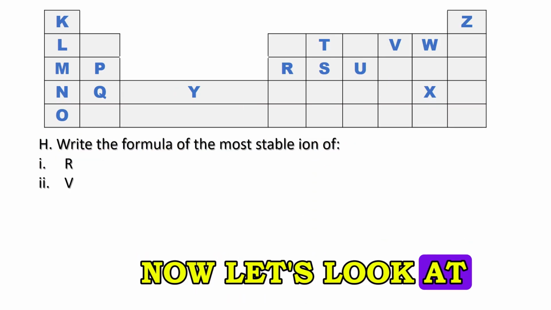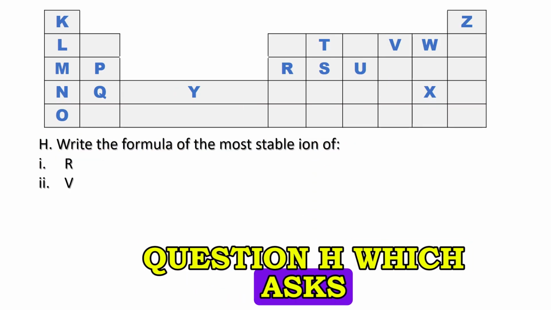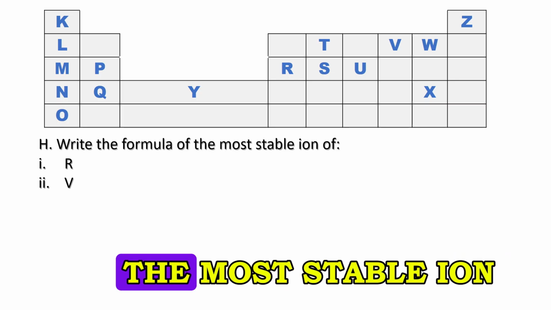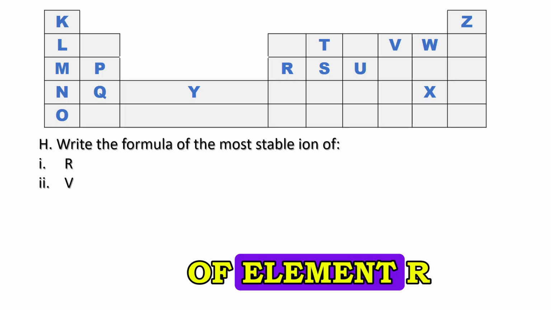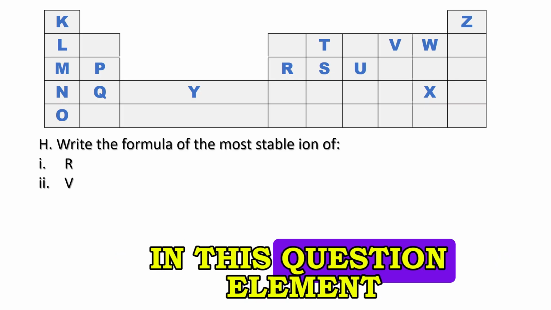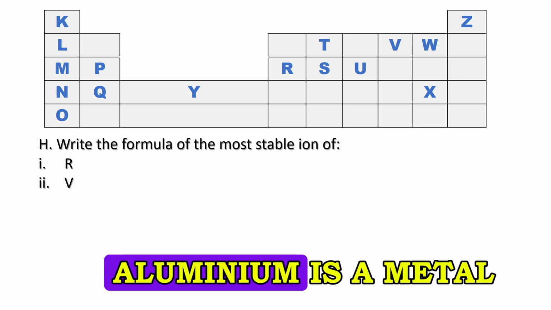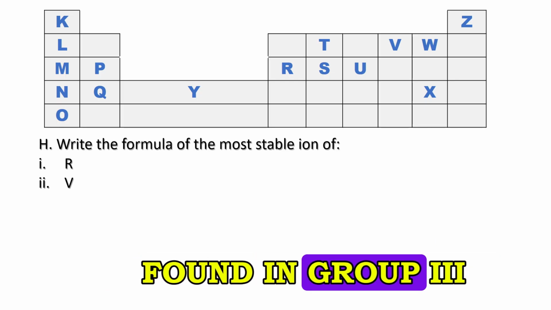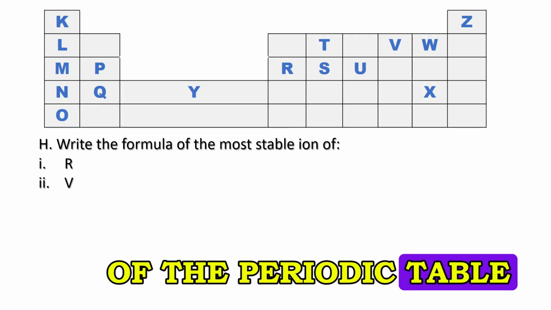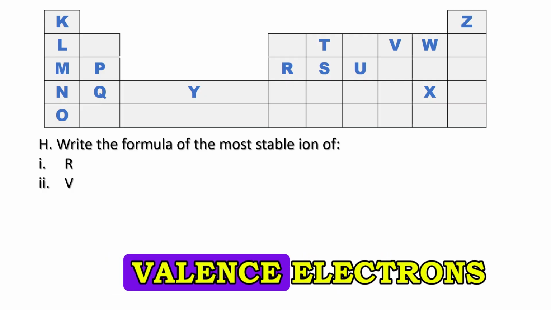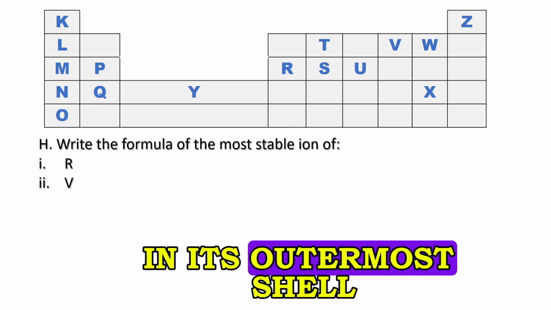Now let's look at question H, which asks, write the formula of the most stable ion of element R. In this question, element R represents aluminium. Aluminium is a metal found in group 3 of the periodic table, meaning it has 3 valence electrons in its outermost shell.